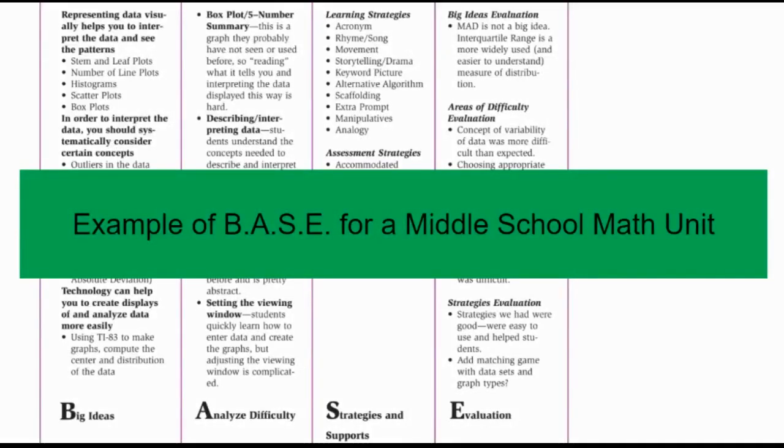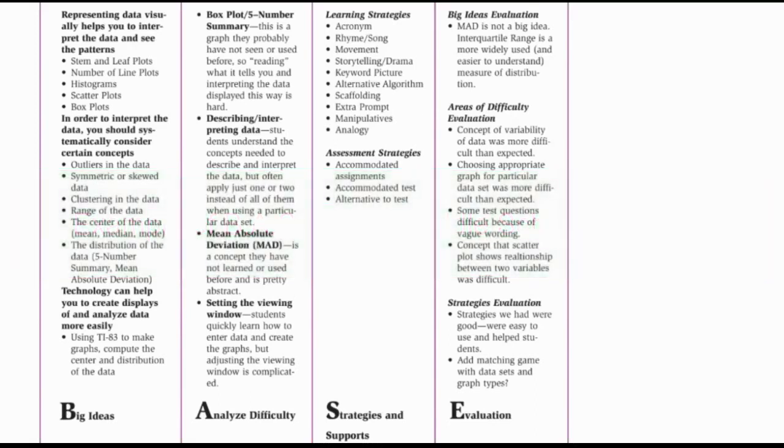Here's an example of the BASE model for a middle school math unit. And so this has been included in the participant guide as well as a handout. So it is a powerful way for us to think through what are these big ideas for this particular unit, tightly aligned to the Kentucky academic standards that students must master.